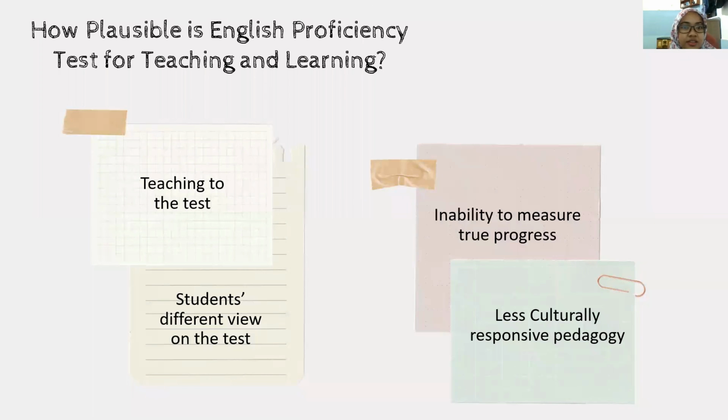Okay, the next impact of the standardized test of English in the EFL classroom can be the inability to measure true progress. Standardized tests only evaluate one-time performance instead of students' progress and proficiency over time.